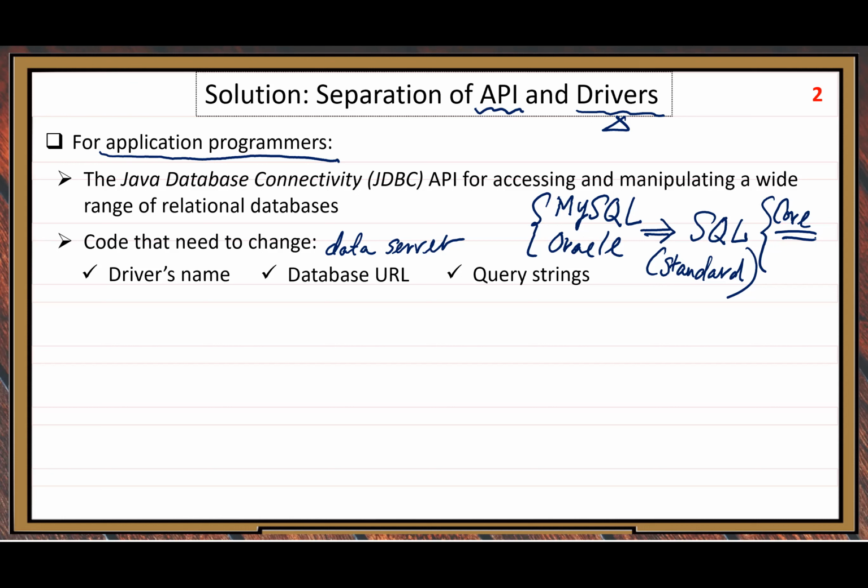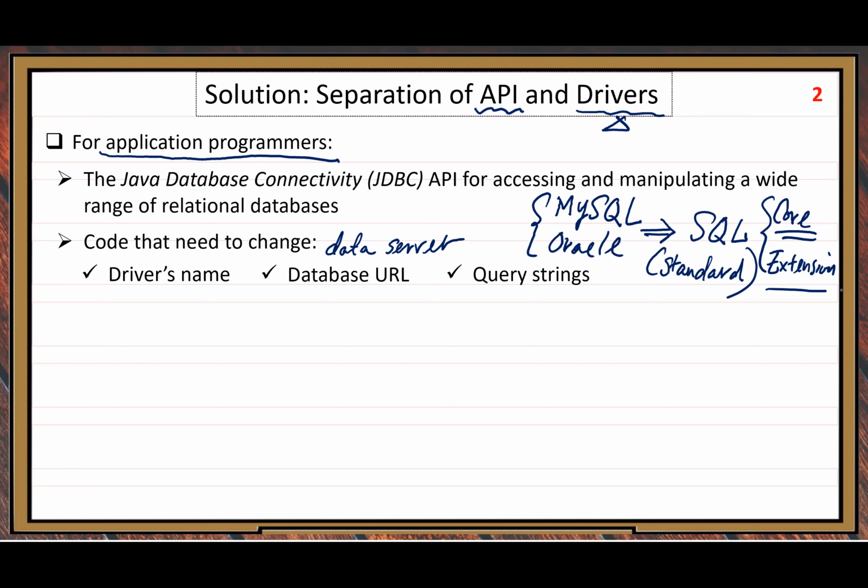We may have some other special problems we want to solve, but that is not covered by the core part. So each vendor, other than the core part, makes an extension part. Then the extension part is quite different for different DBMS.